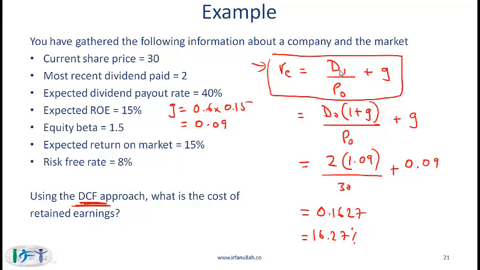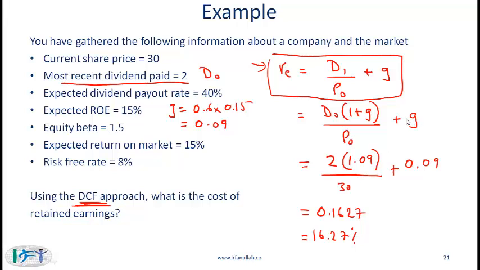We do not have D1. What we are given is the most recent dividend paid. This is D naught. To come up with D1, we do D naught times 1 plus the growth rate, divided by P naught, which is the current share price, that's 30, plus the growth rate.